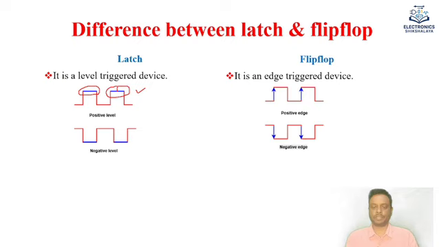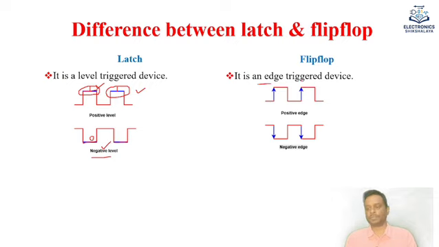Whenever there is the one level, or logic high level, meaning a positive level, it can change the state. Similarly, this is the negative level. Negative level means binary 0. So whenever there is a logic 0, it can change the state. That is known as level triggering. It depends upon the positive level or the negative level.